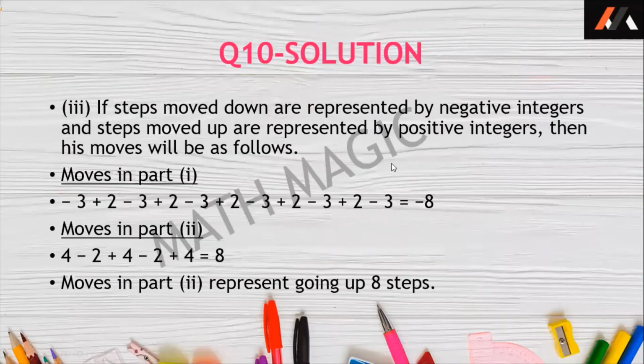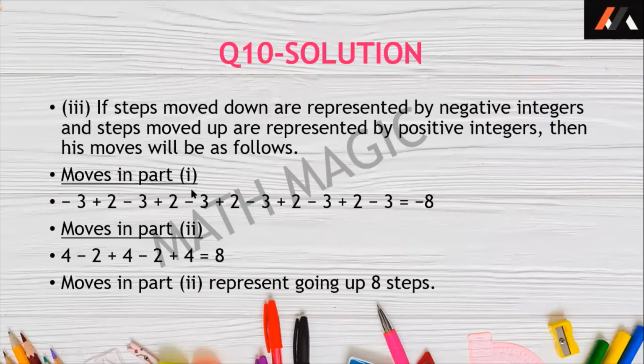So we have taken the steps moved downwards as positive and the steps moved upwards as negative. Now in this question, they have asked us to take the steps moved downward as negative and the steps moved up as positive.